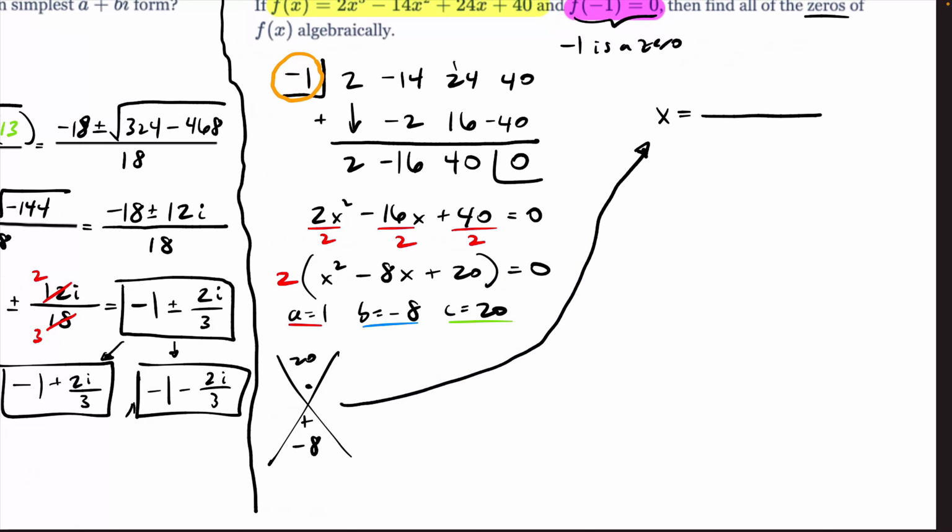X equals negative b plus or minus the square root of b squared minus 4ac over 2 times a. A is 1. B is negative 8.